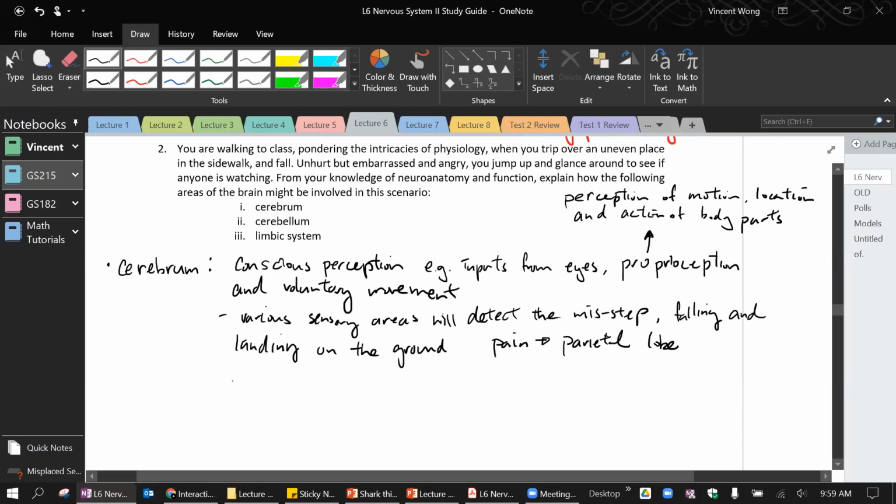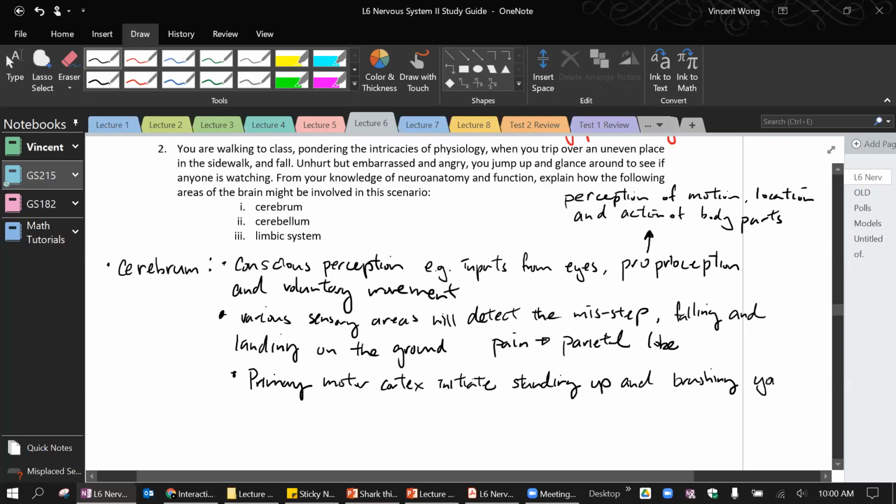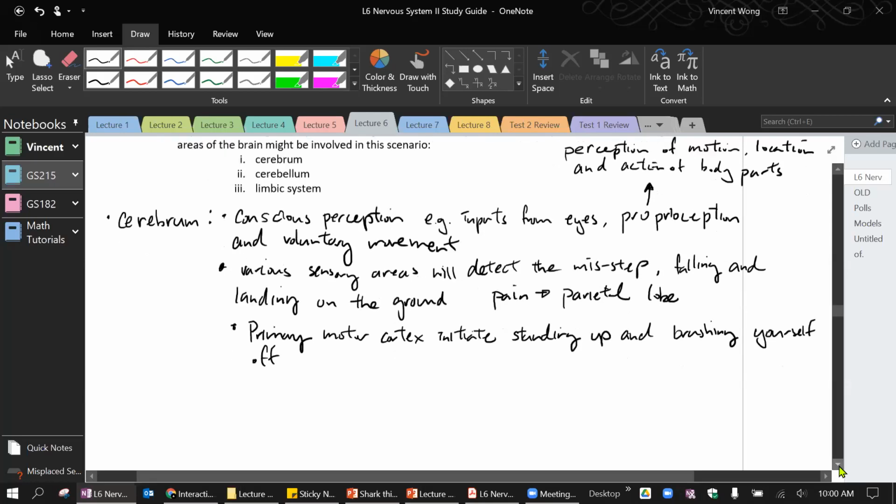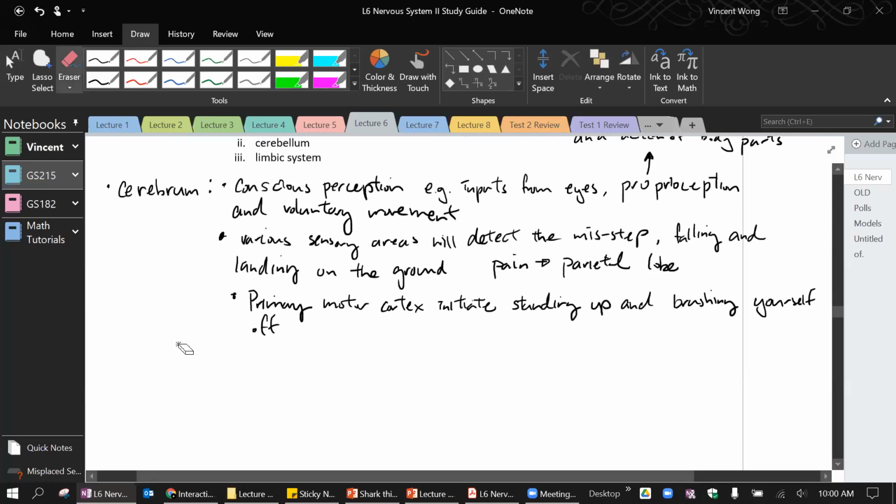And then what happens is, in order for you to get back up, the primary motor cortex will initiate standing up and brushing yourself off. All right. So that's the cerebrum.